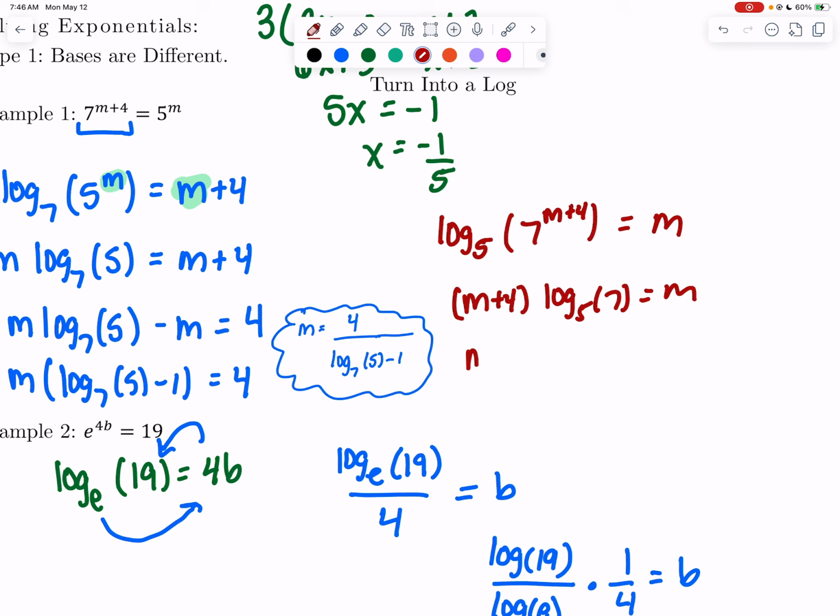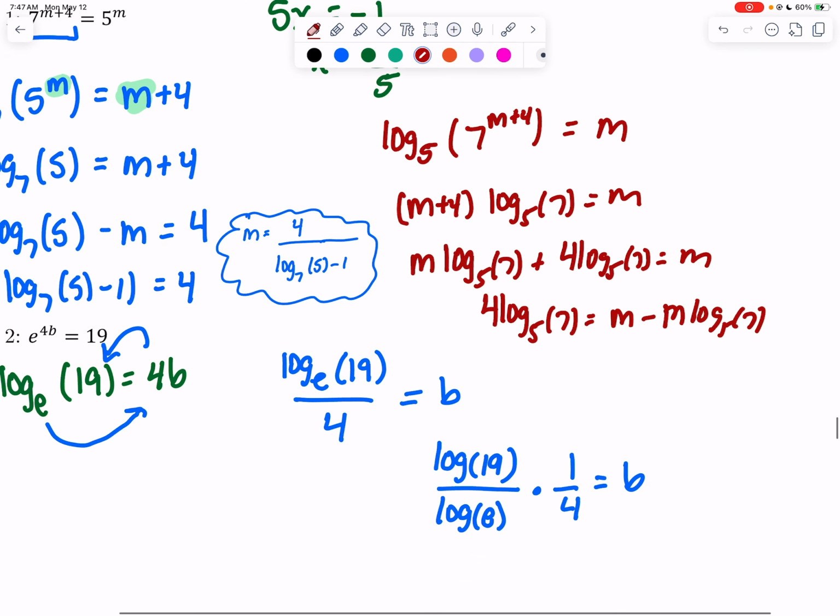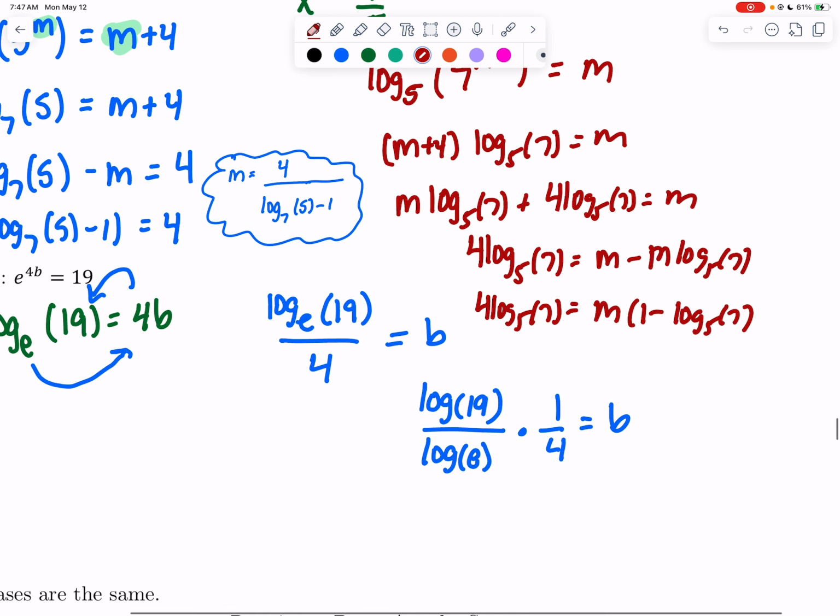So now I have m times log base 5 of 7 plus 4 log base 5 of 7 is equal to m. I want m's to be on one side, so I'm going to move the m log base 5 of 7 to the right side. Factor out an m like we did earlier. And then divide.